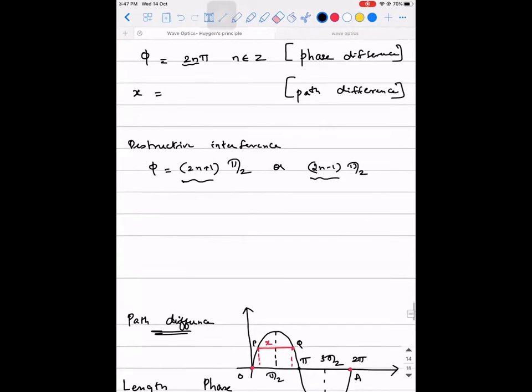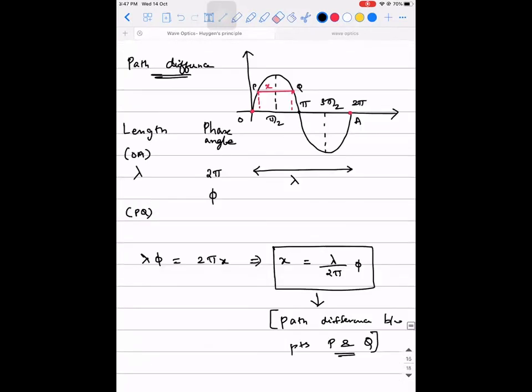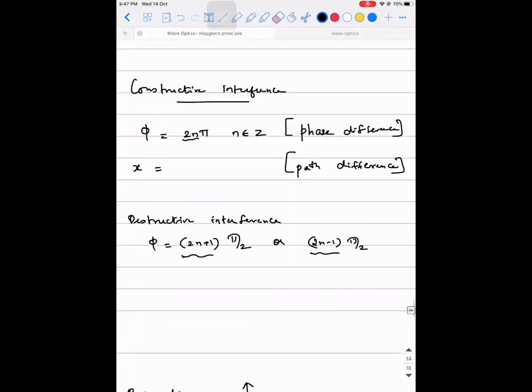Generally path difference is represented by p, so I'm changing that part alone. If I take it as p, then p is equal to lambda divided by 2 pi into 2n pi. So 2 pi cancels, it will be n lambda.